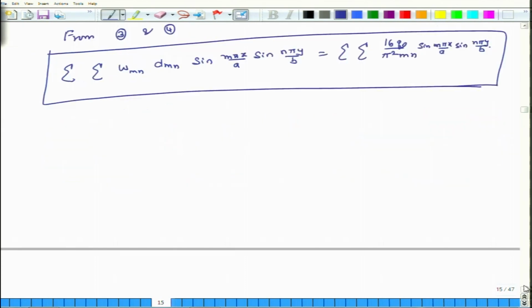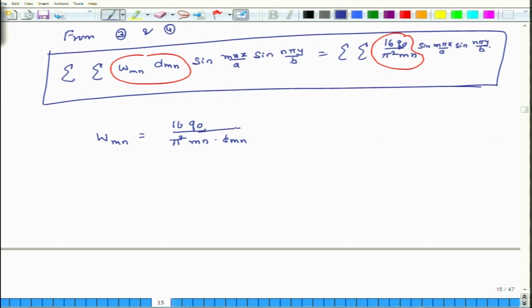Now, this left side and right side will be equal only if this term is equal to this term, because other terms are same. So, we can say that W m n is equal to 16 q naught over pi square m n times d m n.